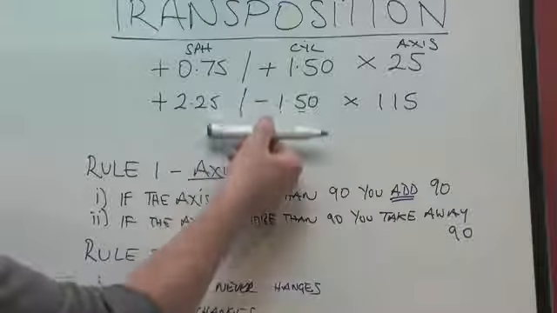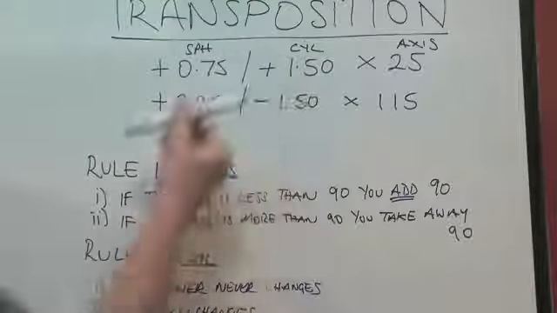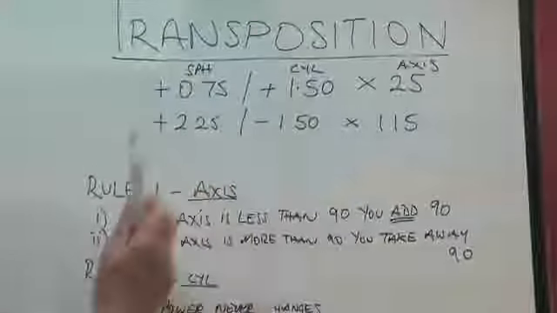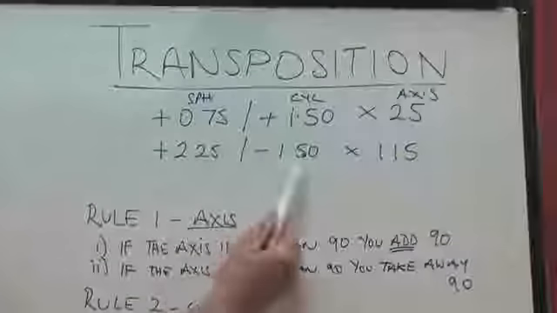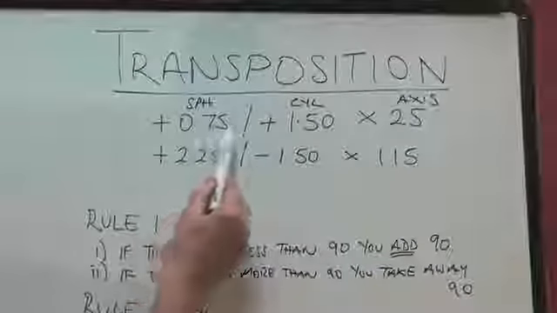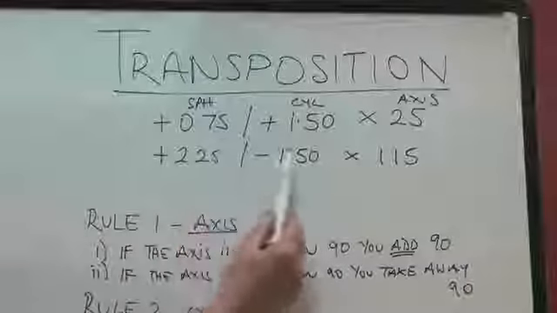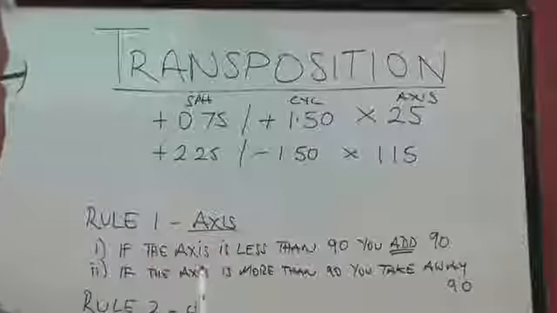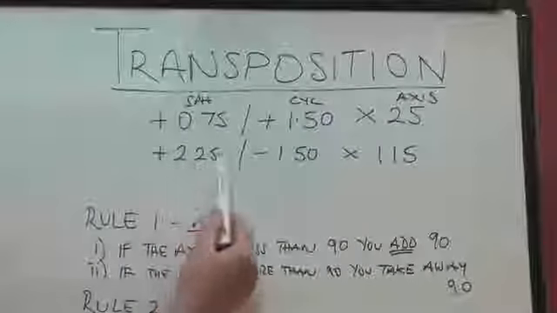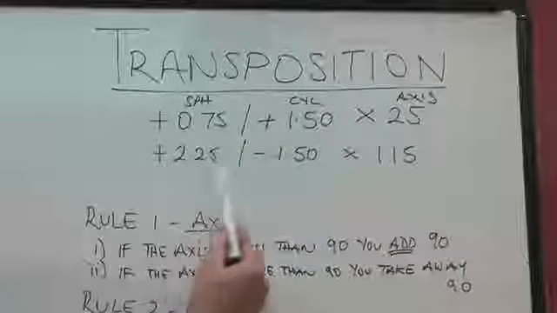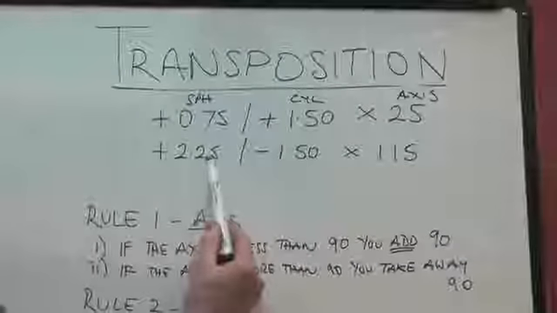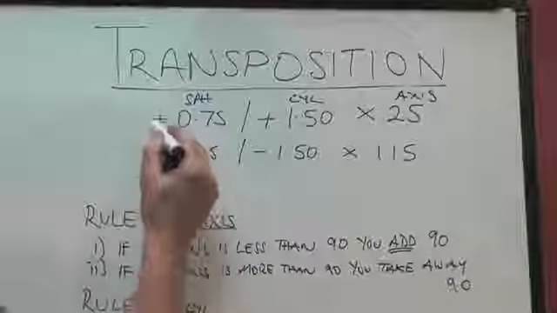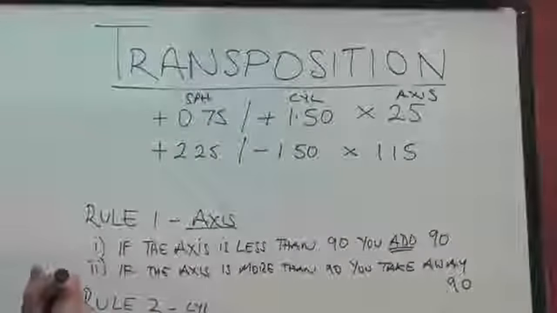If we want to transpose that back into the plus cyl form, we take the 1.50 away from the 2.25, and that equals 0.75. So it's the difference between the two. The sign always corresponds to the sign of the bigger number. The bigger number is 2.25, so the sign is a plus, and you end up with a plus 0.75.